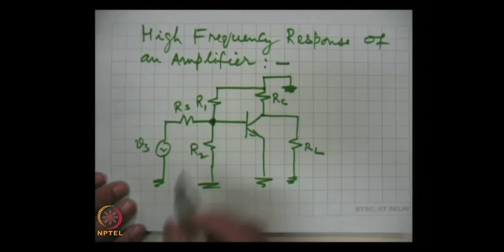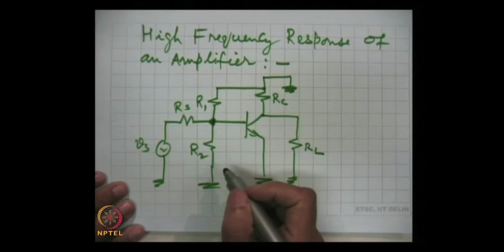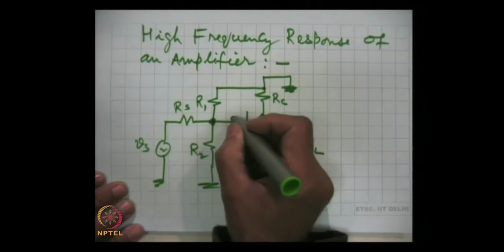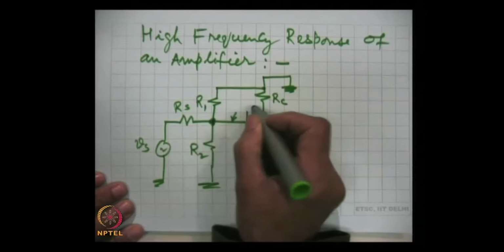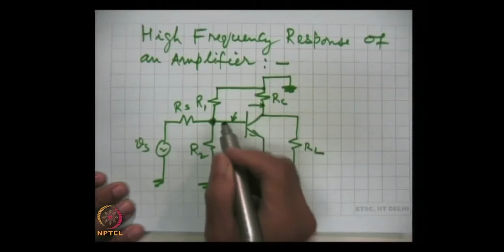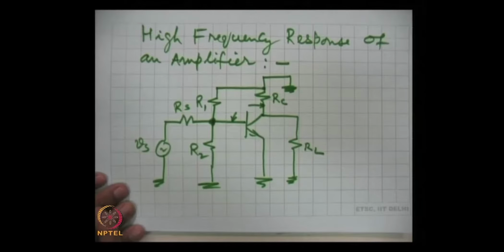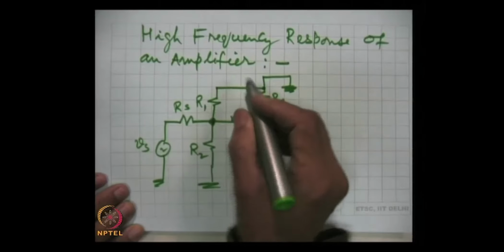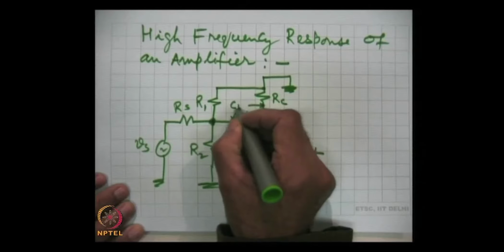Now, what are the capacitances associated with it? One is between base and collector, there is a junction. Now, there are two junctions, the emitter junction and collector junction, and hence we will have three capacitances. This between base and collector, this we say CBC.